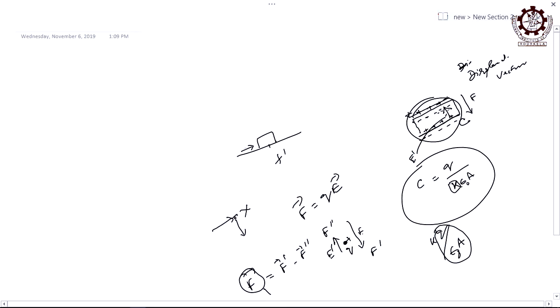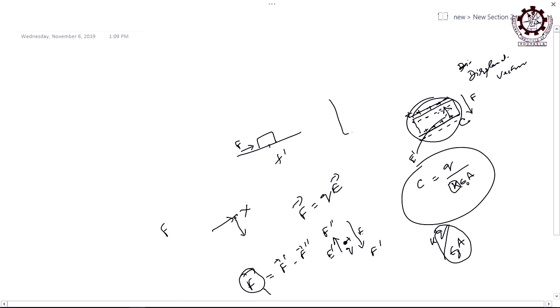But the frictional force, let us say, equal to F prime and applied force is F, and so long as this frictional force is a variable force or constant force, friction between two surfaces is a variable force or constant force? Variable force, right, because the plot tells the nature of the plot: it goes on increasing, then slightly decreases, then remains constant, right.